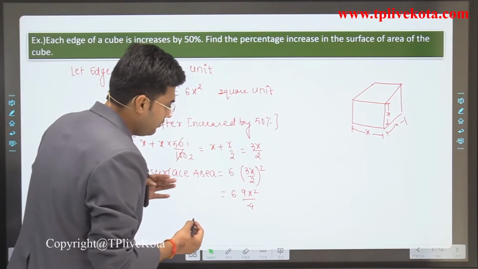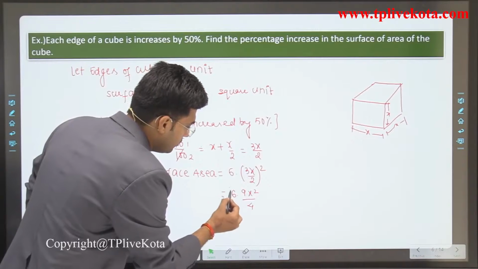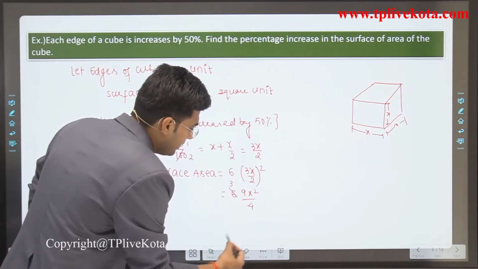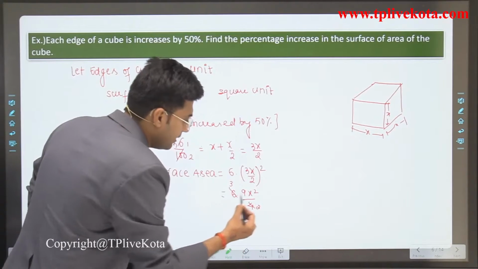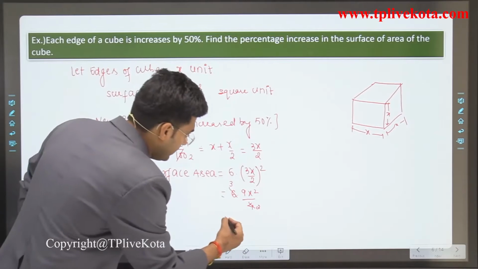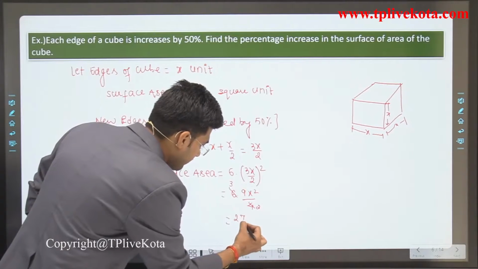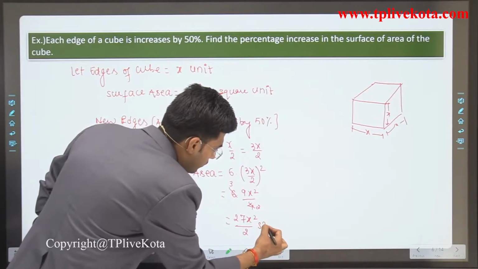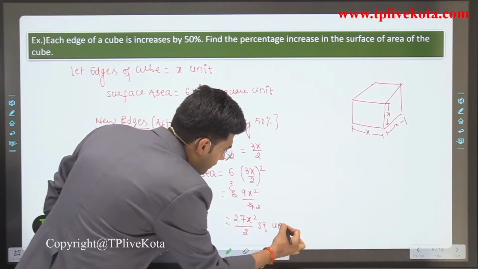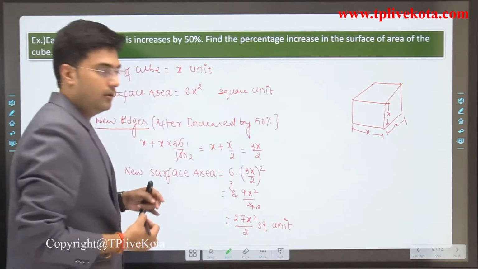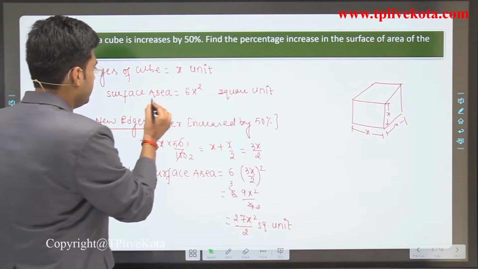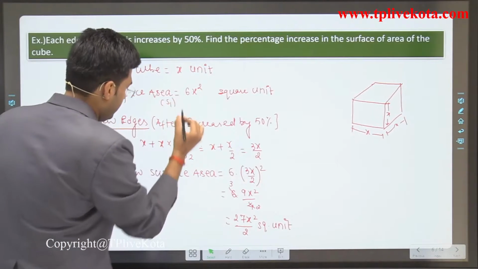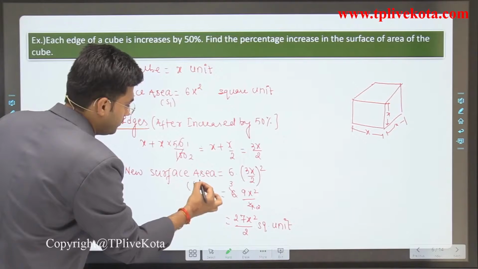And when we solve this, this is cancelled by 3 times and this is cancelled by 2 times, so it is equal to 27x square by 2 square unit. Clear? Let this be S1 and this be S2.